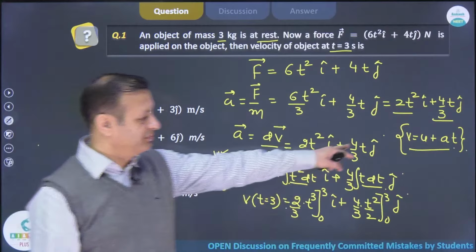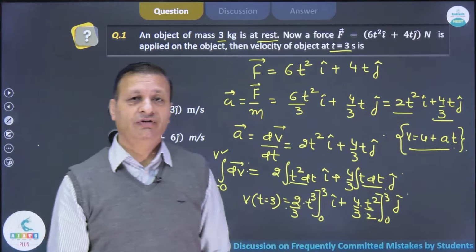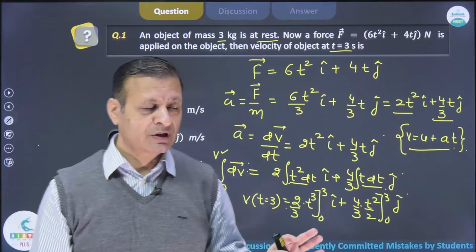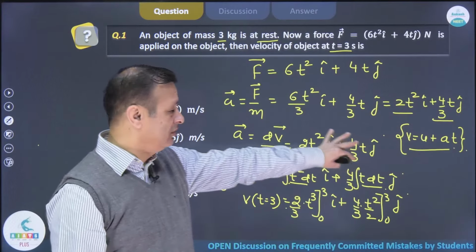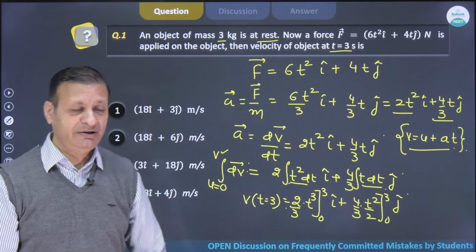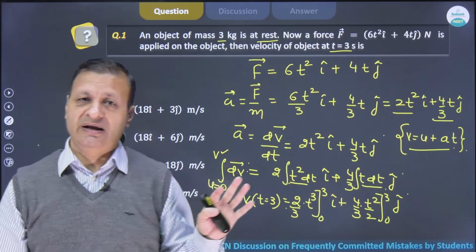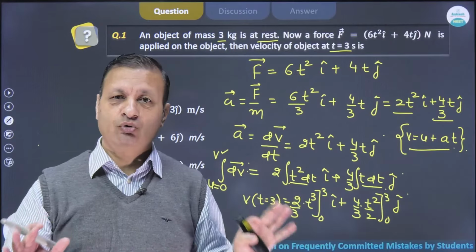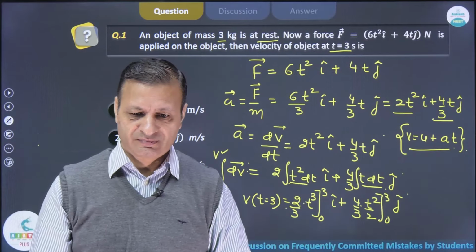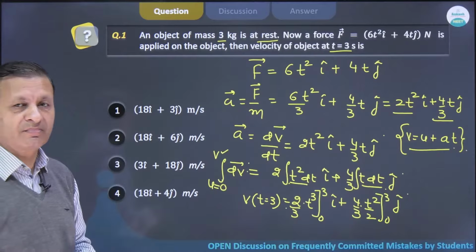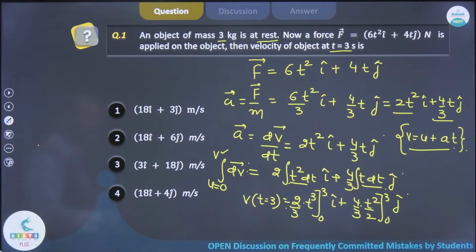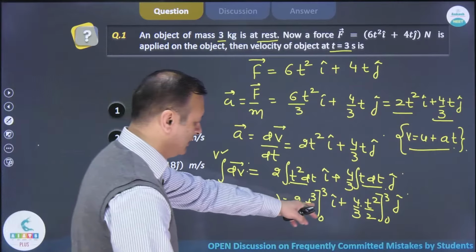But this equation is valid only for uniformly accelerated motion, so we'll not be using this expression; we'll go by the integral method. Why? Because this is a non-uniform, or variable, acceleration. Any doubt from this part? So shall we move? Now let's put the limits here.